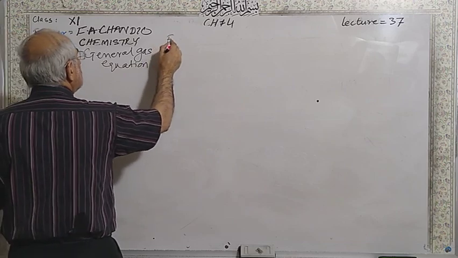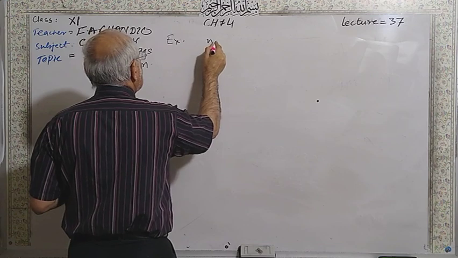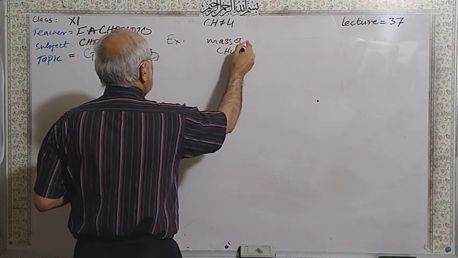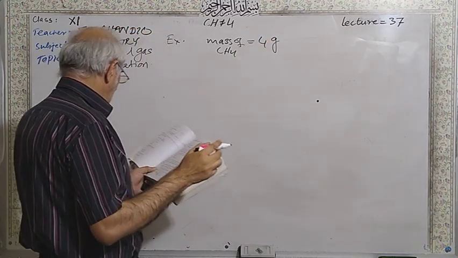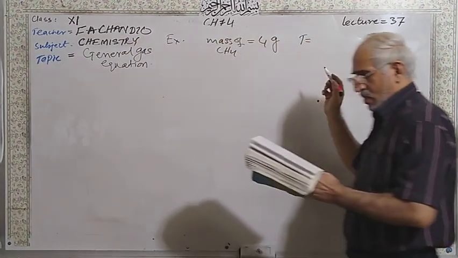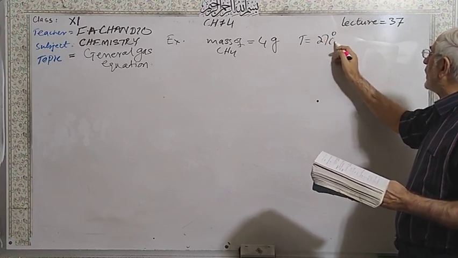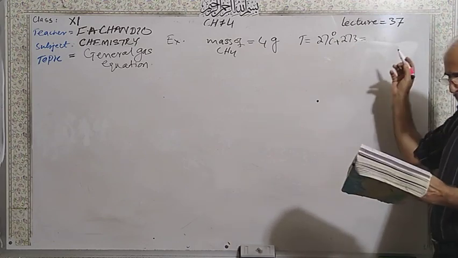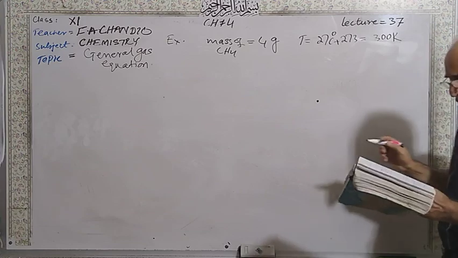Example. It says 4 grams of methane gas, mass of methane 4 grams. And the temperature T is 27 degrees centigrade plus 273, you will get 300 Kelvin.